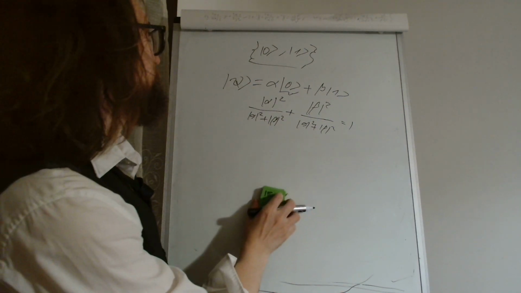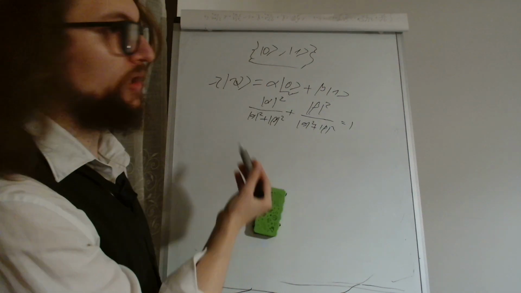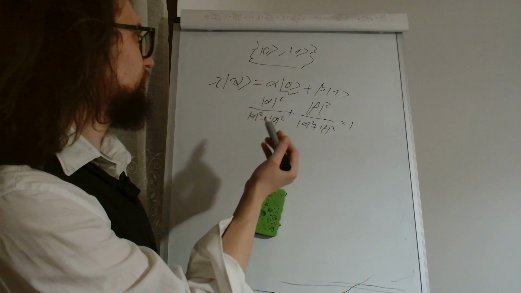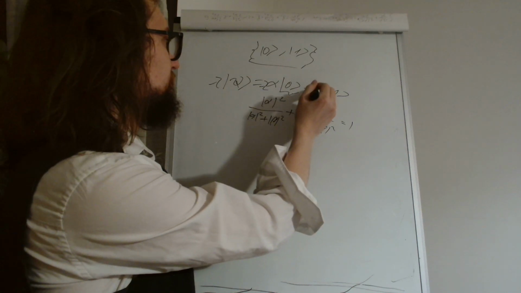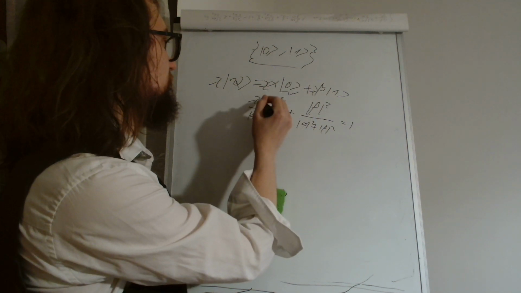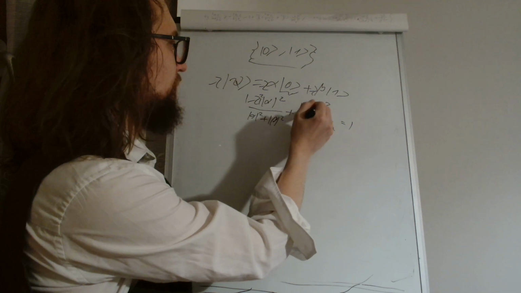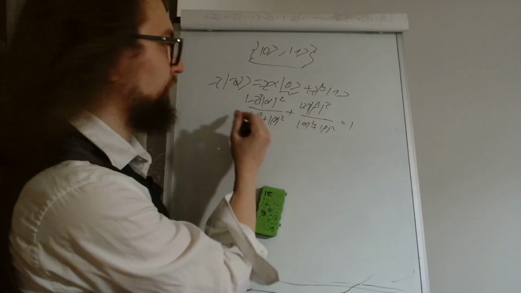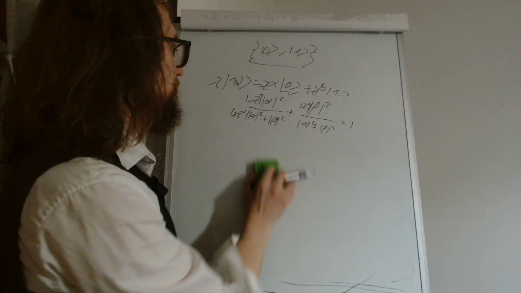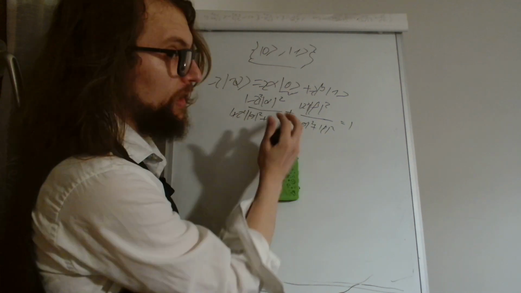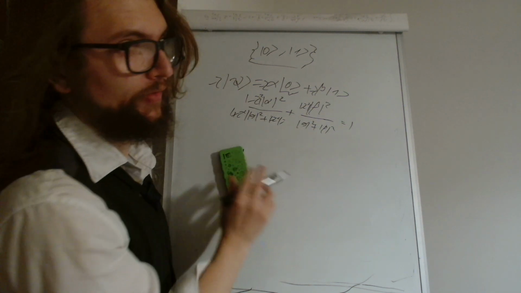So if you multiply this by any constant lambda, you don't change the state, because the probability will be modulus of lambda squared times the modulus of alpha squared, and you simply will have to normalize again, so it is automatically normalized because you must also substitute lambda squared here, and you have the same physics.